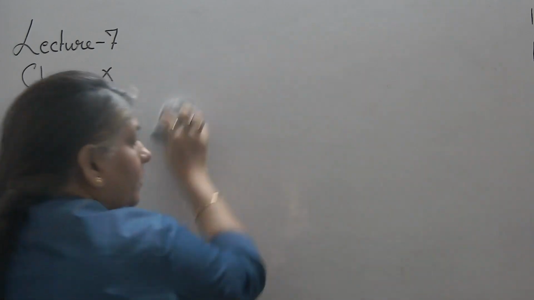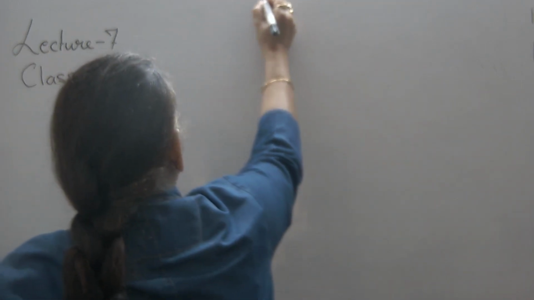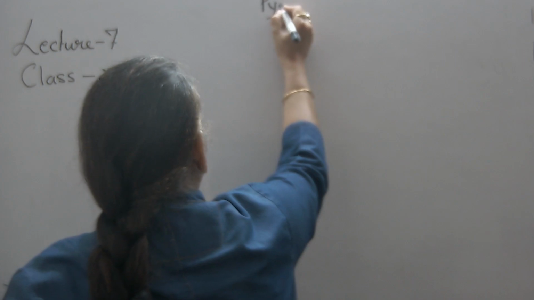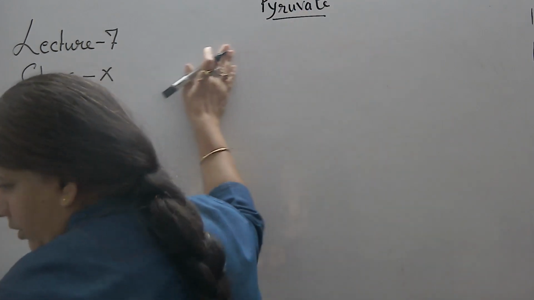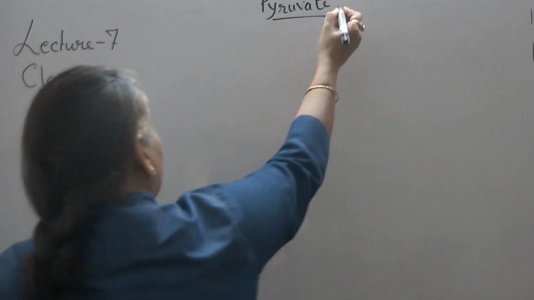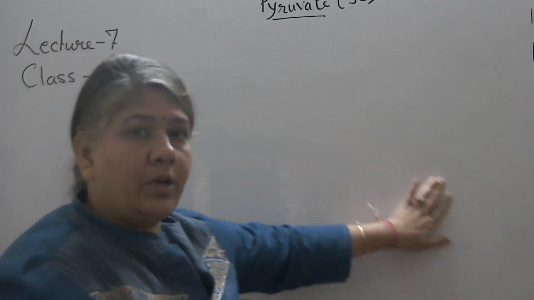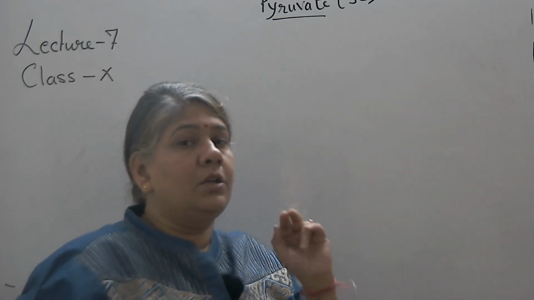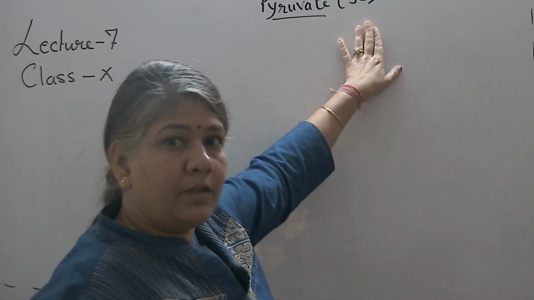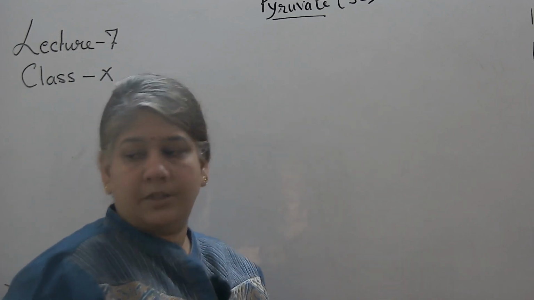Now we will see the fate of the pyruvate molecule, which is a 3-carbon compound. We are looking at just one molecule; glucose produces 2 molecules, so you can multiply by 2 to get the total carbon balance.